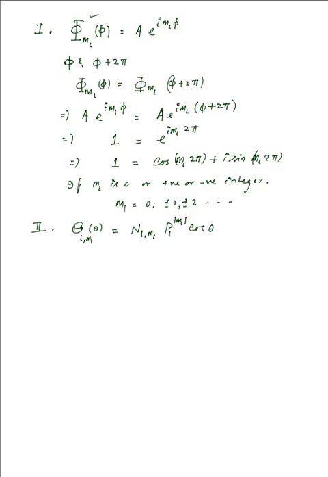P here is the associated Legendre polynomial. Obviously, it will have different forms for different values of L and ml.